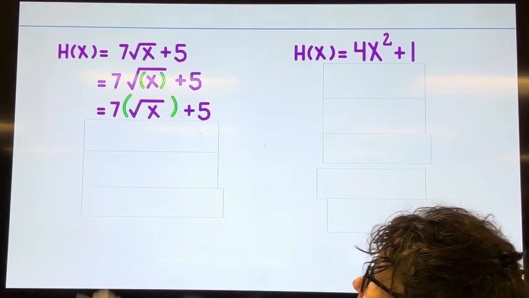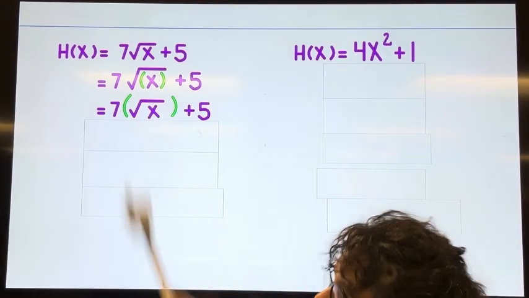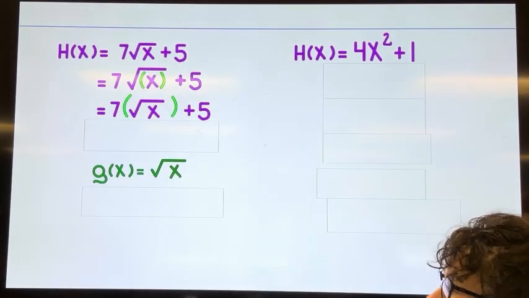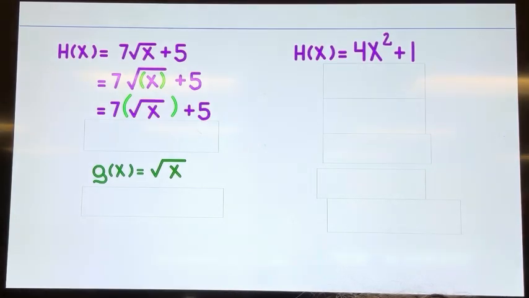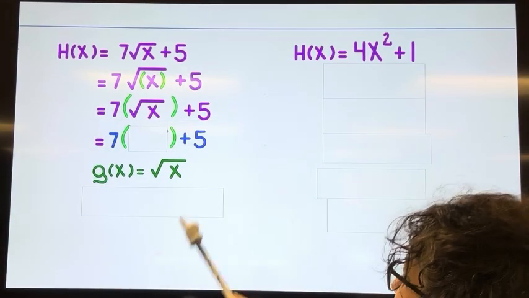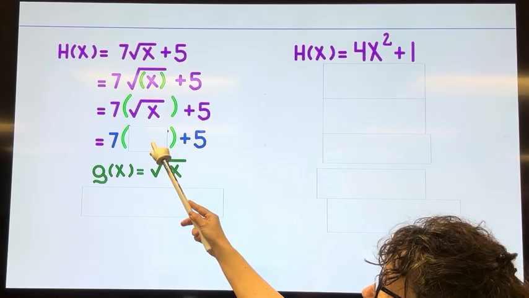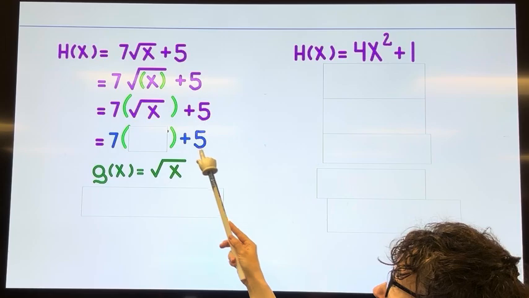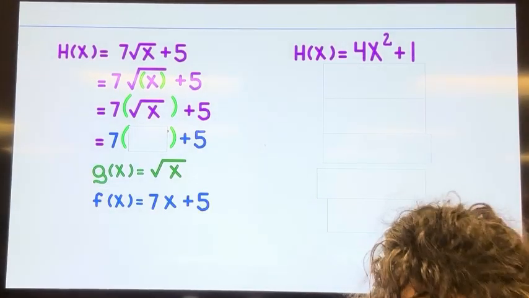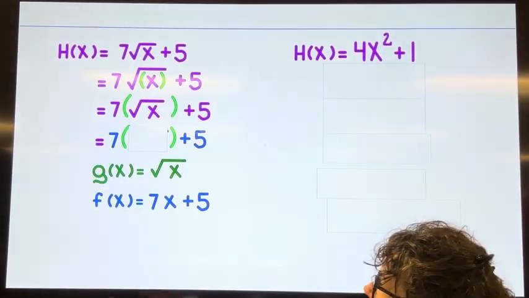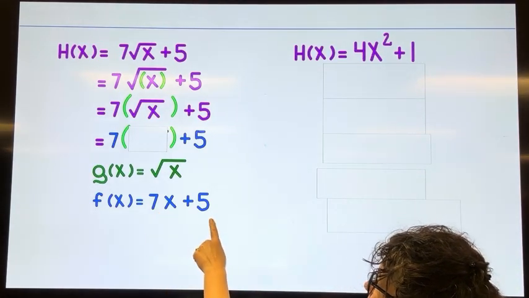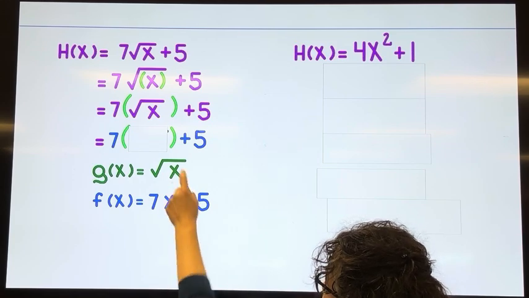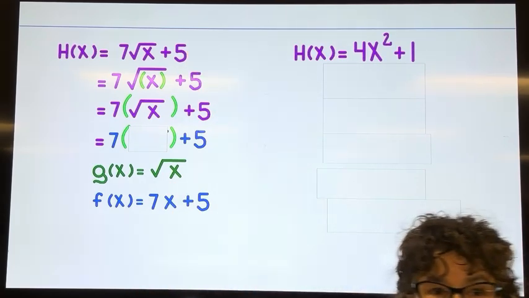So I bumped that out a little bit farther. And so then my input function is going to be the square root of x. And then if I cover up the input function, what it was before we inputted it would have been 7x plus 5. Okay, so going backwards, f composition g would be go to the f function, replace the x with the g function. So if I replace the x with the square root of x, I'm right back to the original.